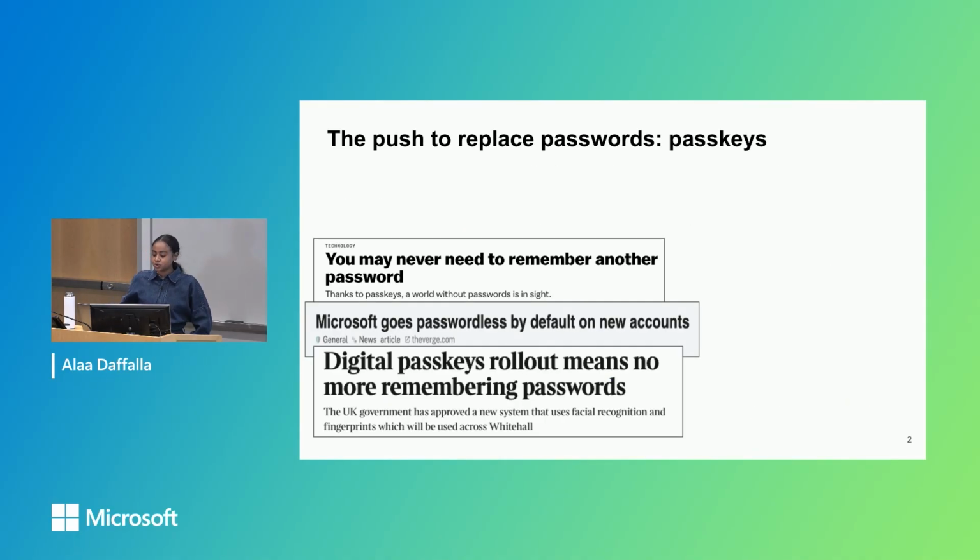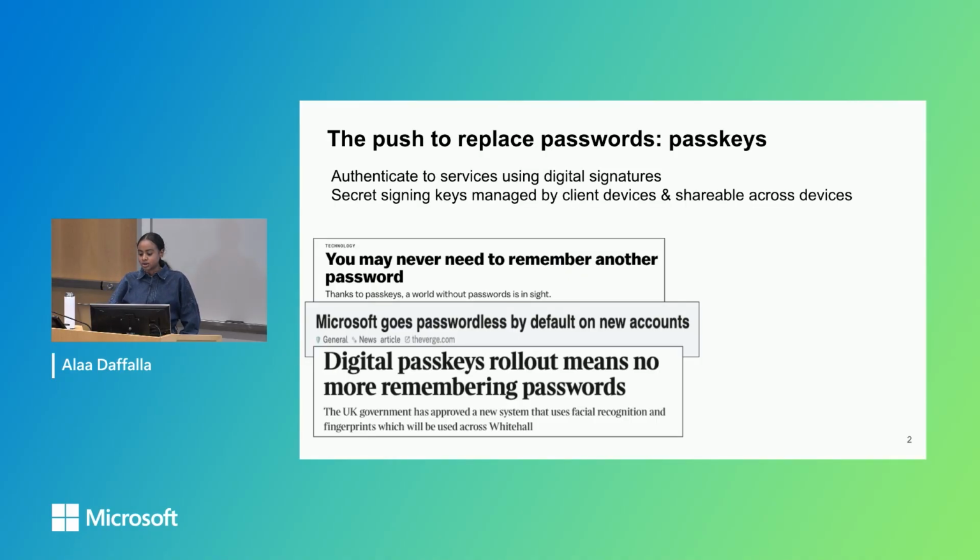So recently, there has been a push by major service providers to replace passwords. As a result, since 2022, most services have started rolling out passwordless authentication, also known as passkeys. Passkeys are advertised as a simple and secure way to log into websites or apps without using passwords.